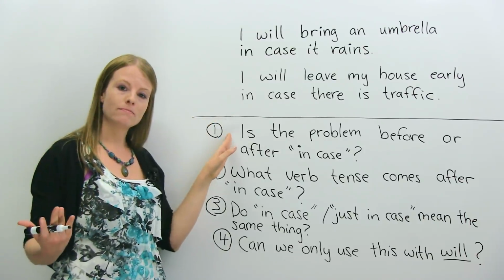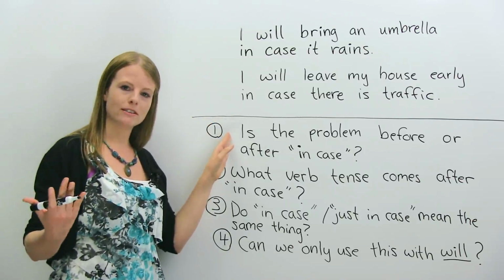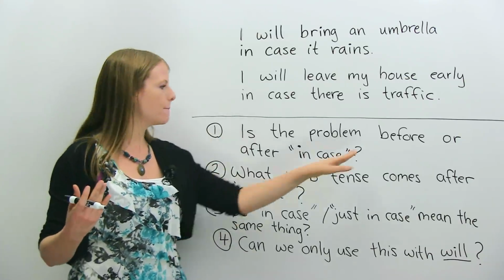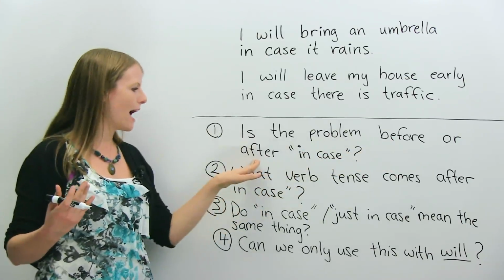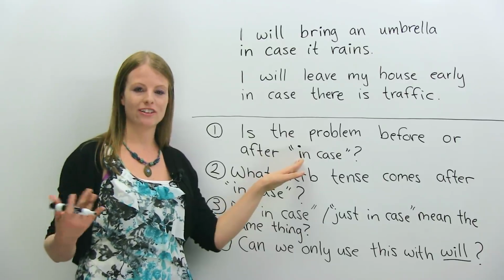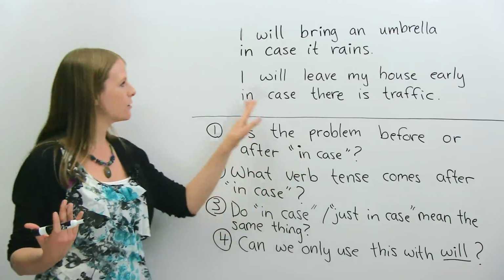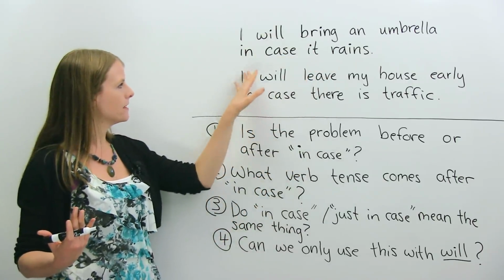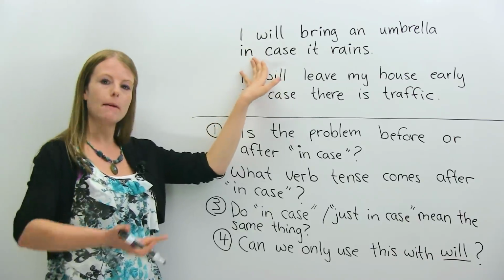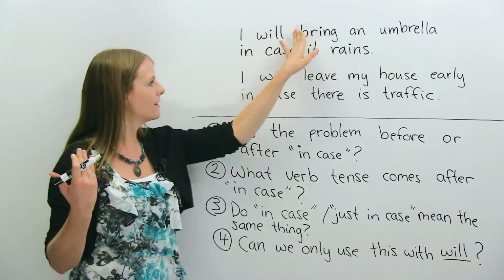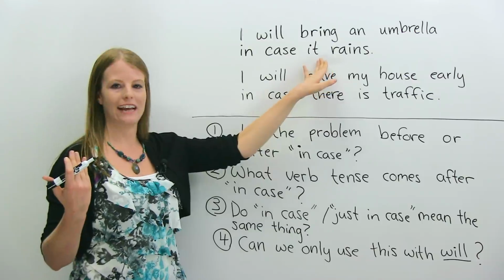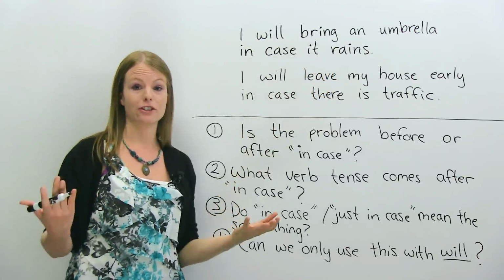Do you see the problem before or after the expression in case? So we find in case, is the problem before in case up here, or is the problem after in case? It's after, right?